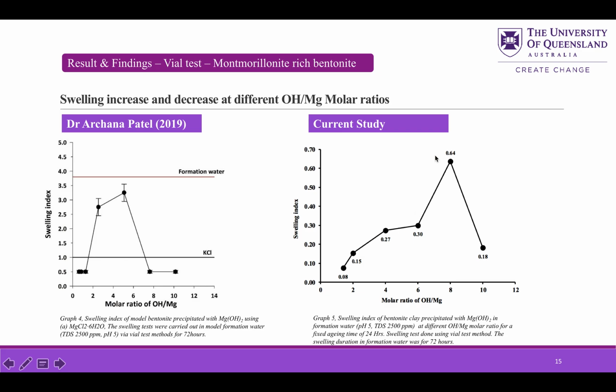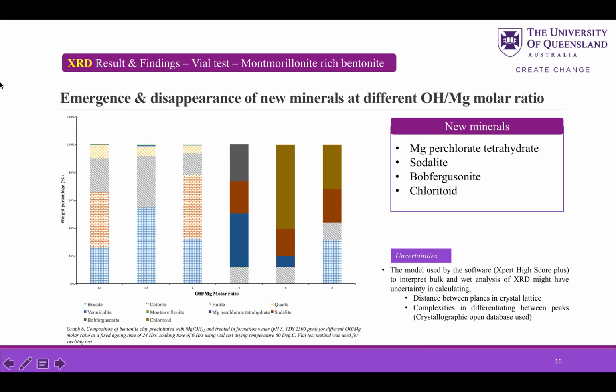This was because of a decrease in magnesium concentration, and beyond 8 there was a sudden dip, and this probably resembles that beyond 8 magnesium hydroxide started forming, by which swelling was inhibited, resulting in reduced swelling index. However, the result was dissimilar to Dr. Patel's findings, and this might be because of different clay samples being used in the study and different soaking and aging times being adopted.